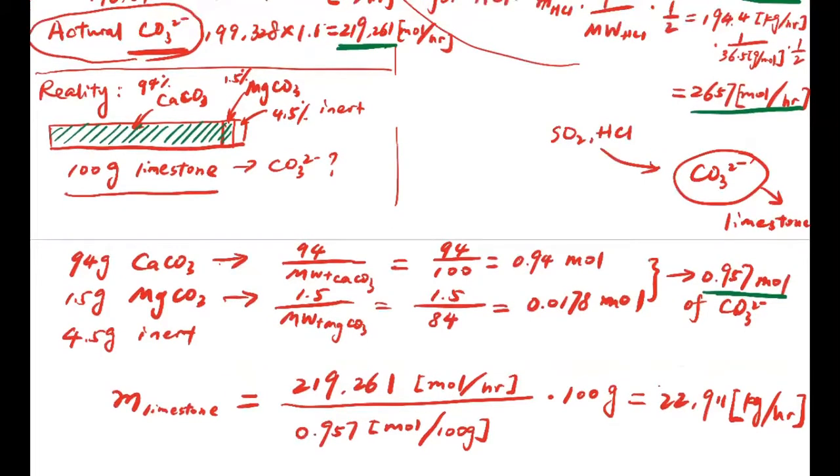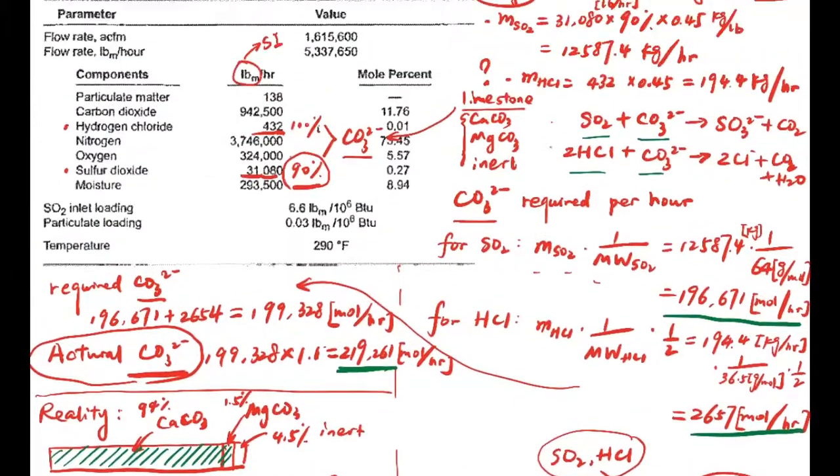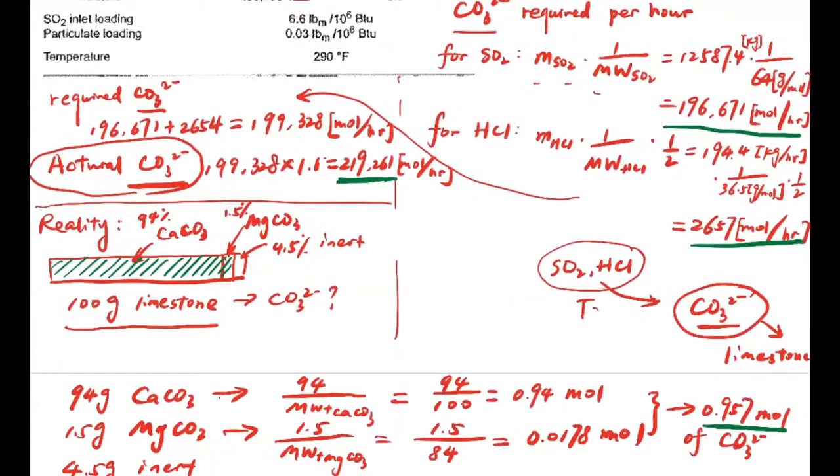So if we know the generation amount of the acidic gases, then we can calculate the amount of ions for this reaction. And if we know the amount of carbonate ions, then we can relate this to the amount of limestone that's required for this reaction, right? So that's why we separate this into the target here, and then reality in here.